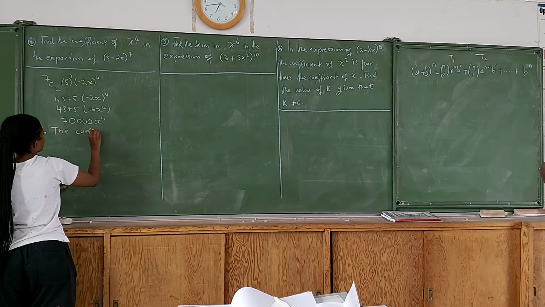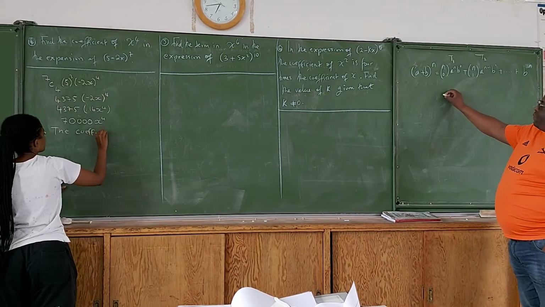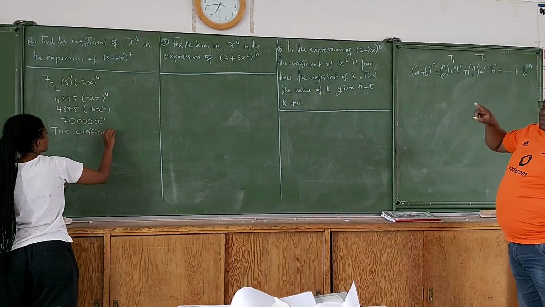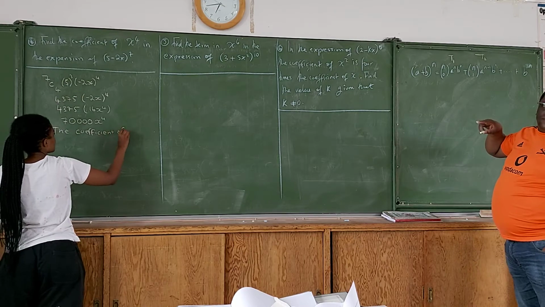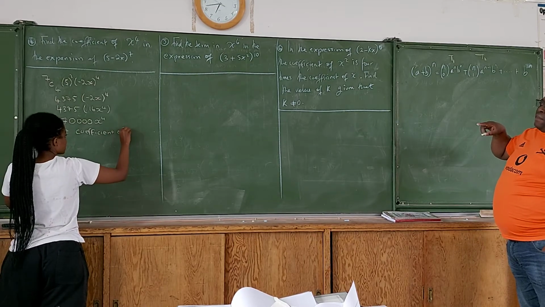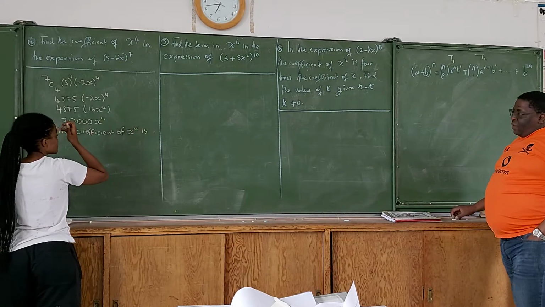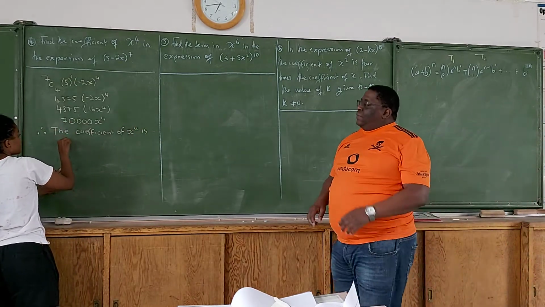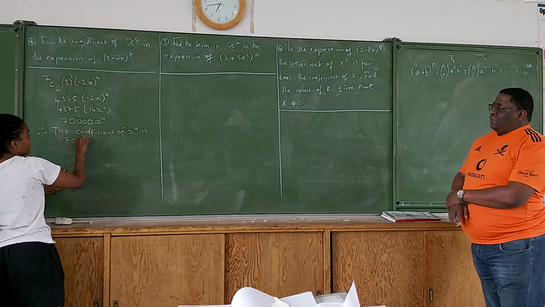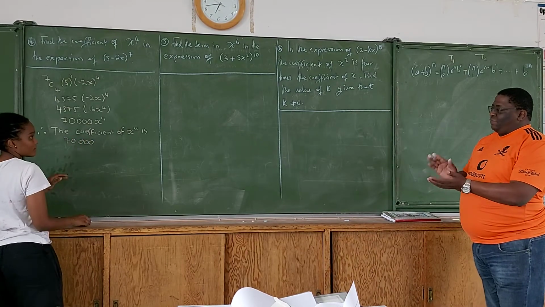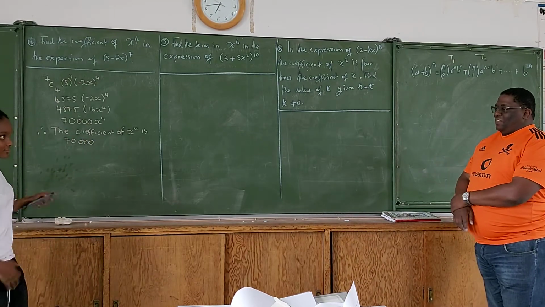What is the first order of business that you're going to have? 7, C what? 4. Okay. Wonderful.